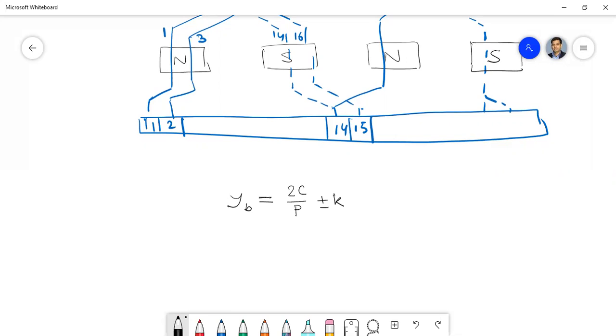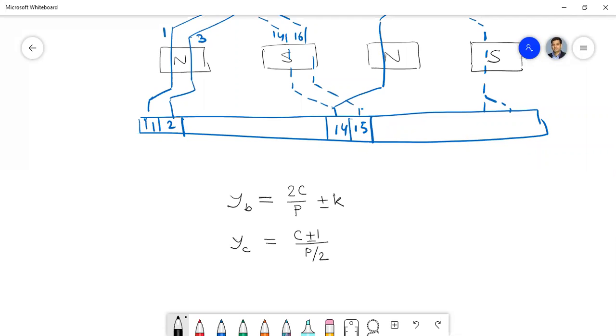Now here the difference is in the commutator pitch. What was the commutator pitch expression for simplex lap winding? Plus minus 1. Now here it is different. It is (C plus minus 1) by P by 2.